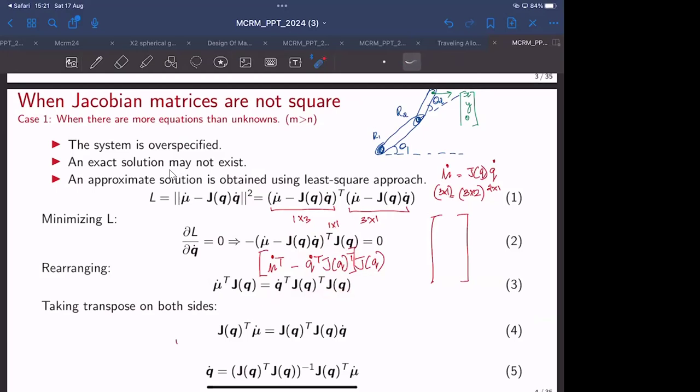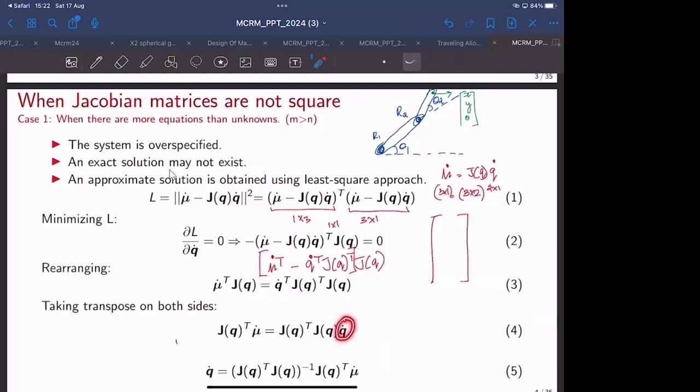And again, if I'm taking the transpose on both of these sides, that becomes this term, J of q transpose mu dot. And if I take the transpose of this side, that will become J of q transpose J of q q dot, right? If I apply this (AB) the whole transpose gives B transpose A transpose, that is what I have applied here.